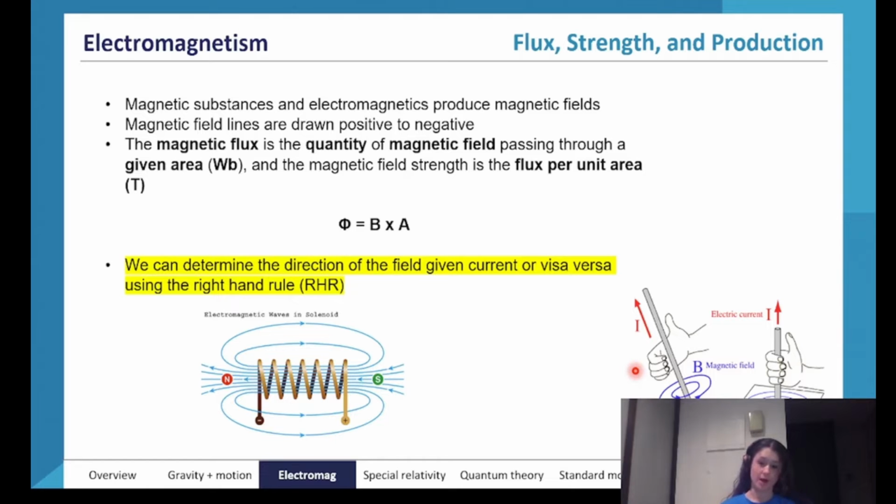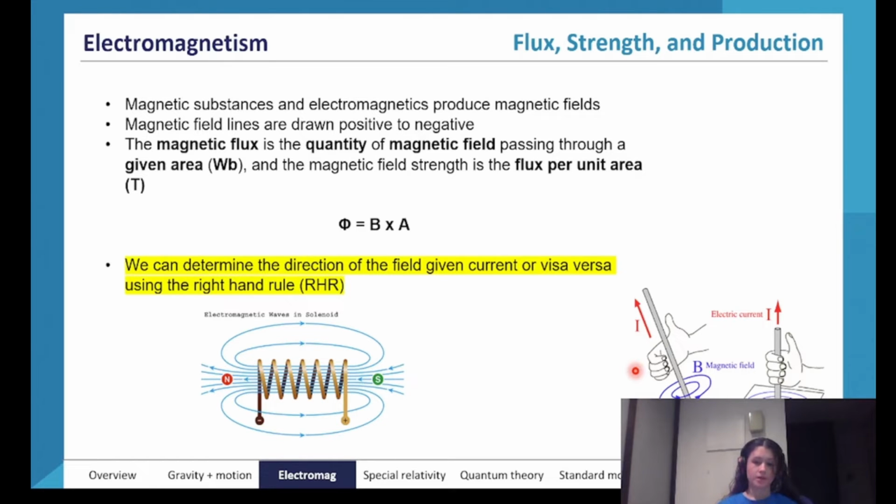The current in the wire is like moving electrons, moving charge, which is going to generate a magnetic field. Your thumb is going to be pointing in the direction of the conventional current, not the actual current. Remember, conventional current is opposite to the actual current.